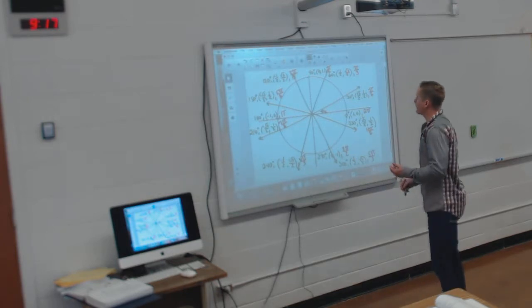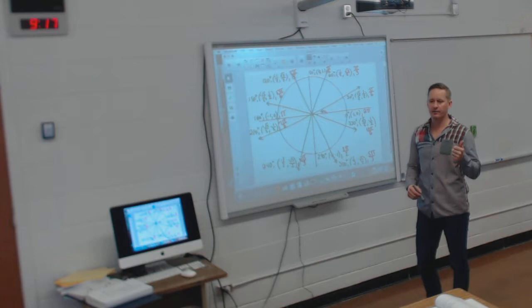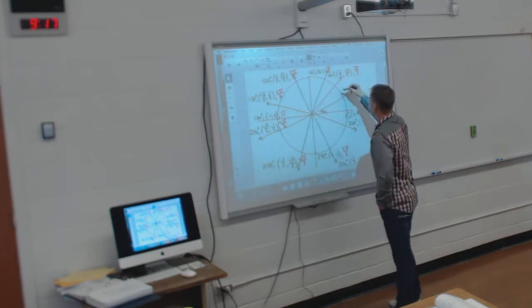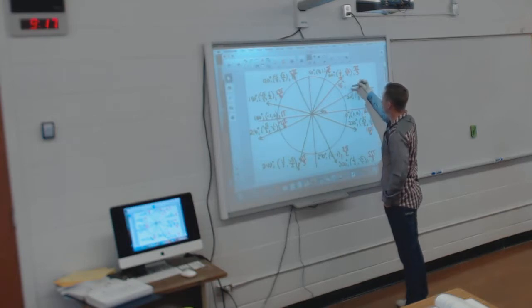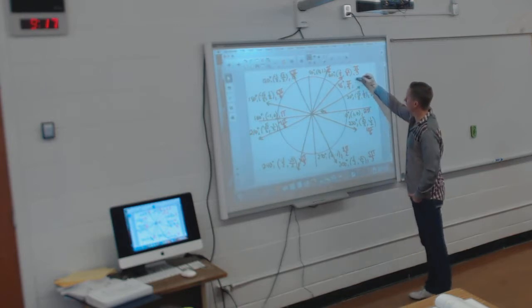Let's add in the 45s right now, so that we have the 45s, the angles in degrees, angles in radians, and the exact values. Okay? So we add that in. Alright? So now that's 45 degrees, which is pi over 4. Okay? And then root 2 over 2 and root 2 over 2.